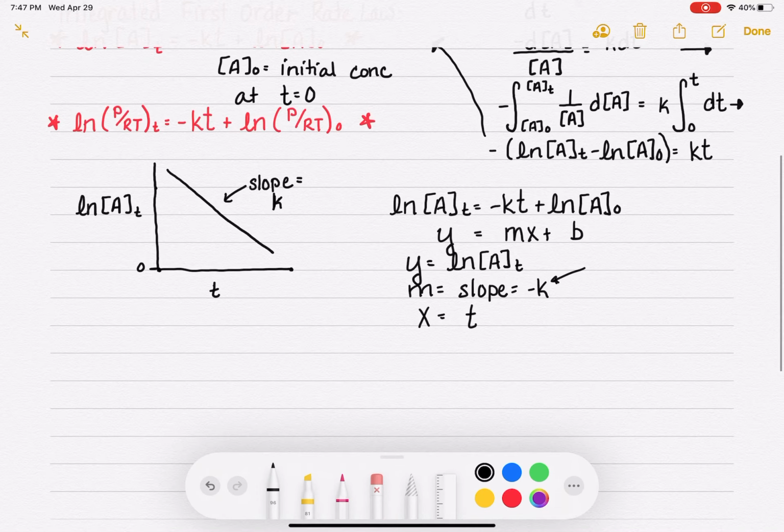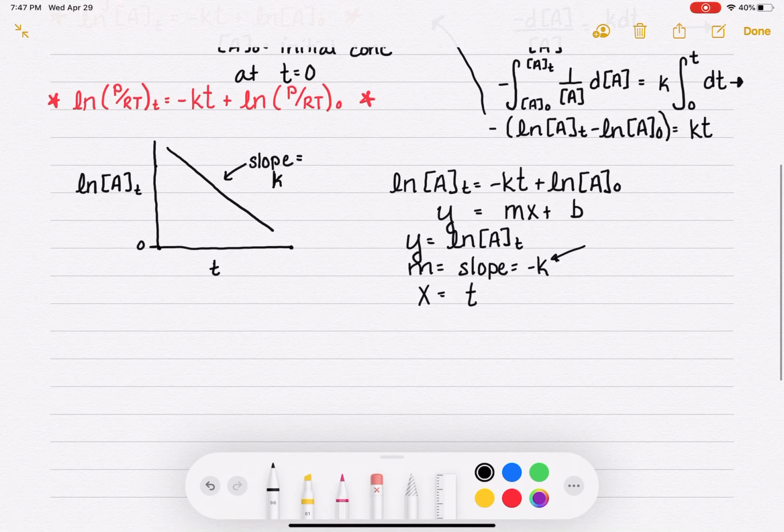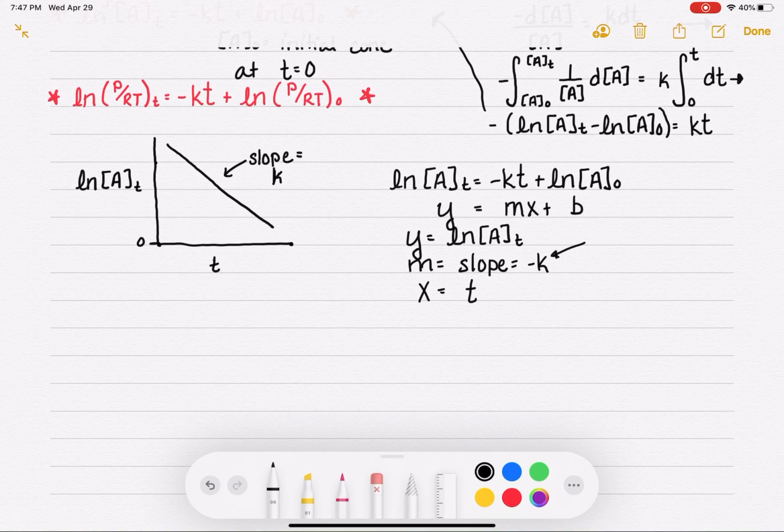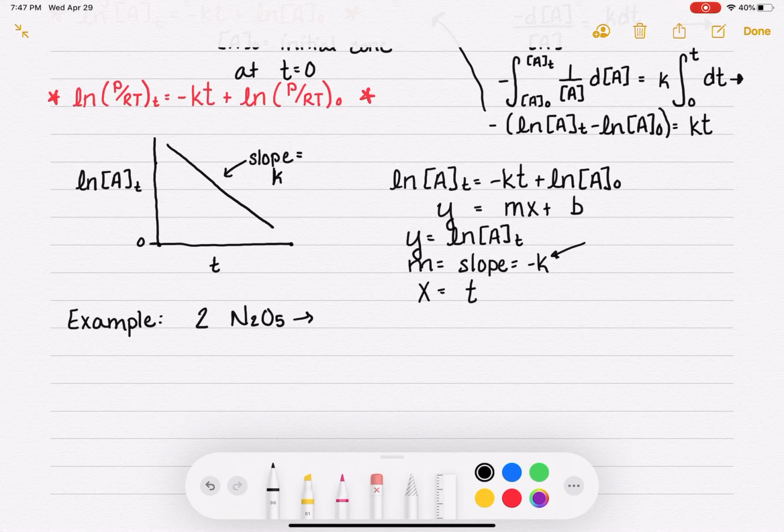So let's see how we could use this equation. Let's say that we have this reaction, 2N2O5 going to 4NO2 plus O2, and we know that it's a first order reaction.